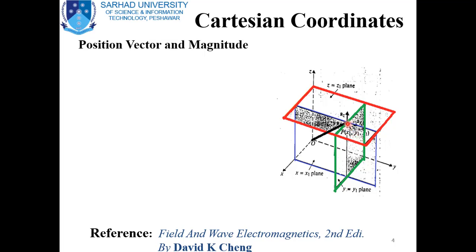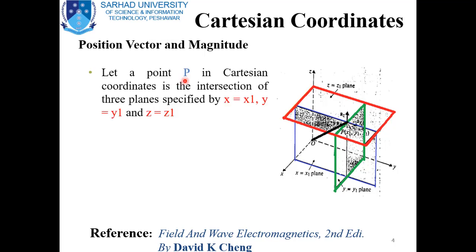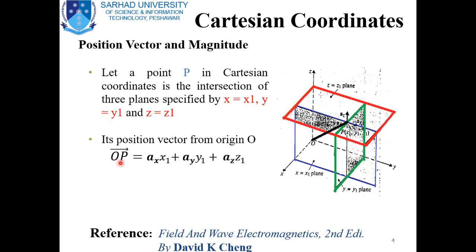As I discussed, the vector is represented by OP from the origin. So the vector form of this position vector will be ax x1 plus ay y1 plus az z1.